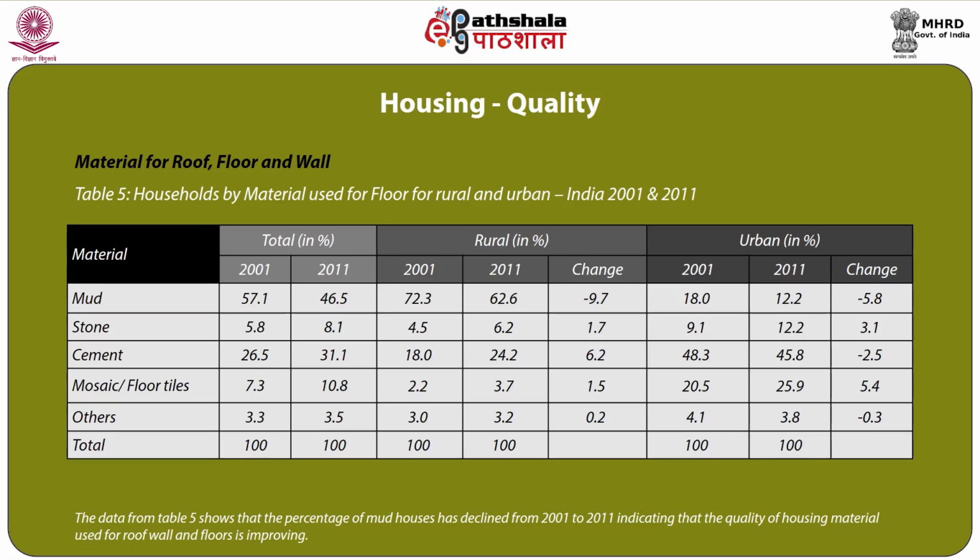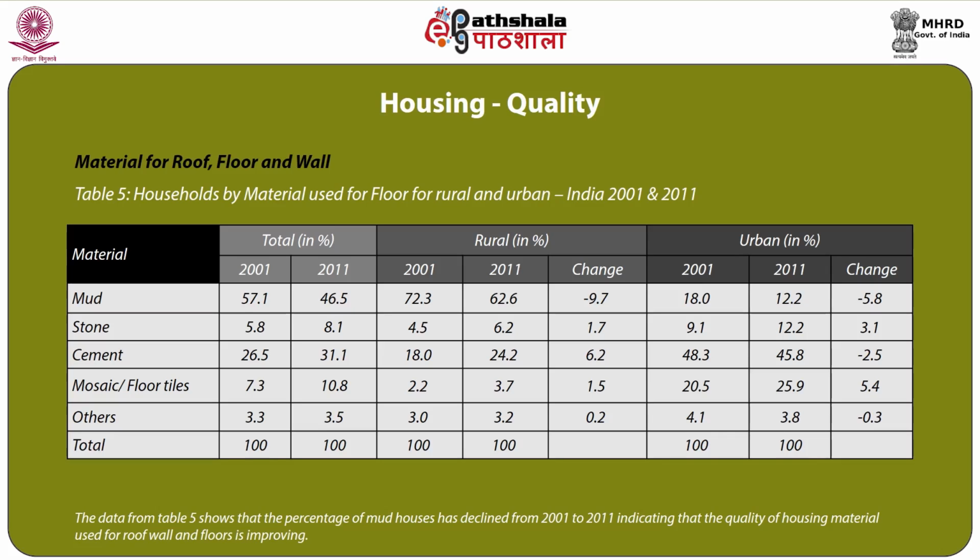In case of cement, the increase is from 26.5% in 2001 to 31.1% in 2011. Similarly, in case of mosaic or floor tiles, the increase is from 7.3% in 2001 to 10.8% in 2011.